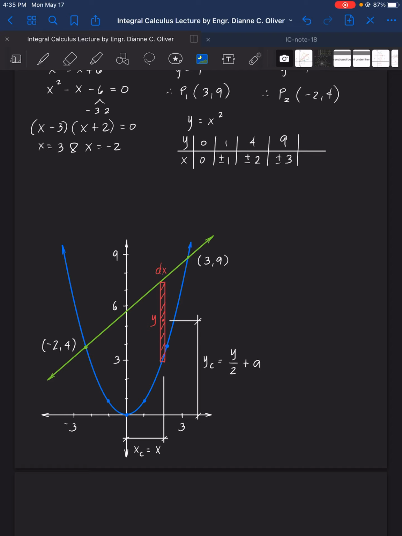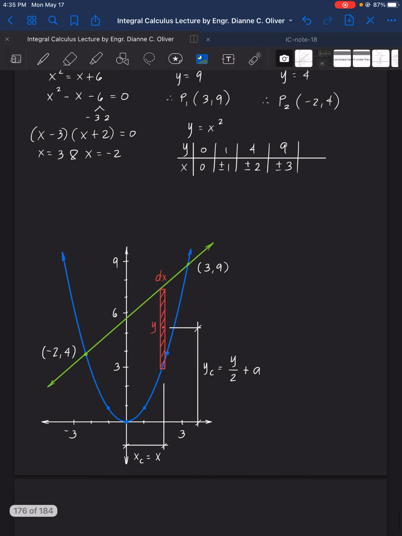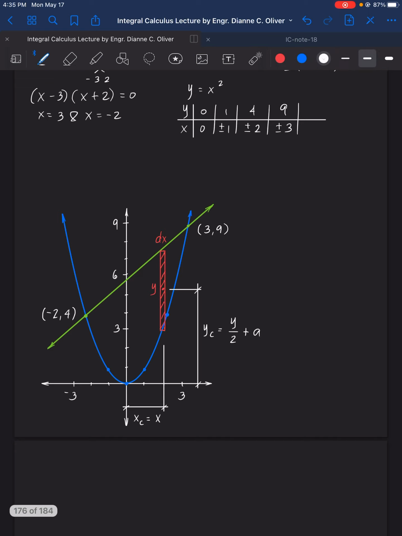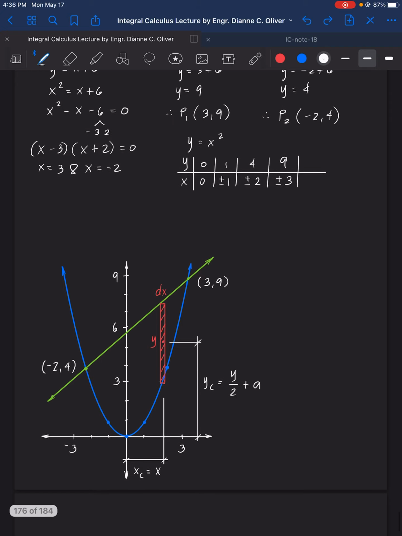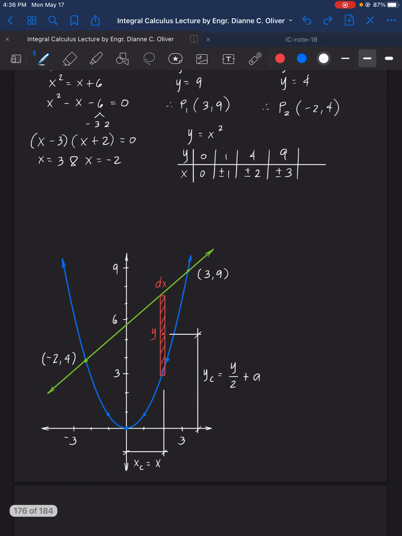So then the points of intersection at negative 2, 4, this one here, and 3, 9. And these are considered the boundaries. So we will need to compute for the centroid within this area.